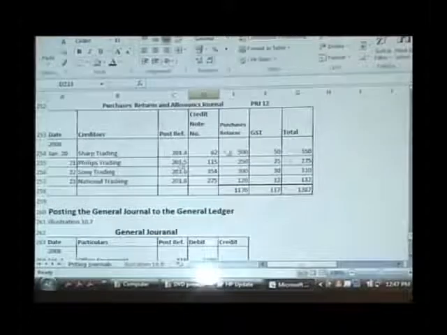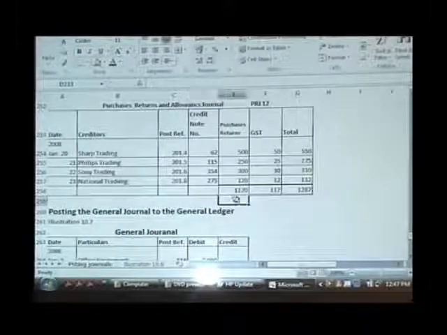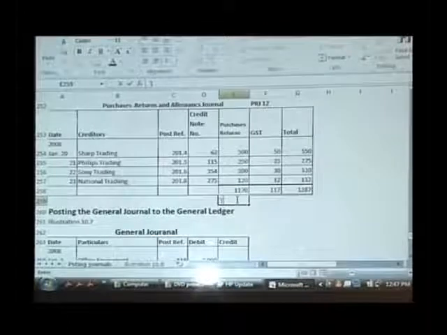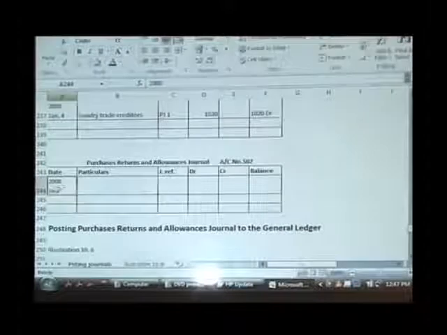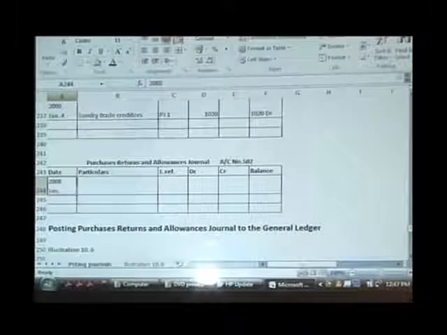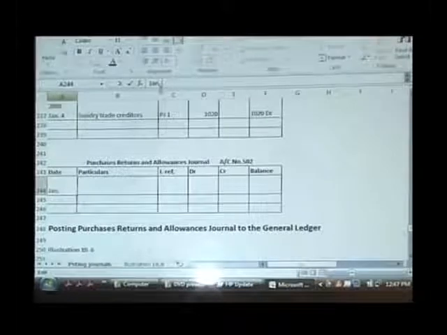Now we posted all individual amounts. Now next step is to post the totals. Purchases returns account, account number 502, total 1170. Date, posting date is 23rd.